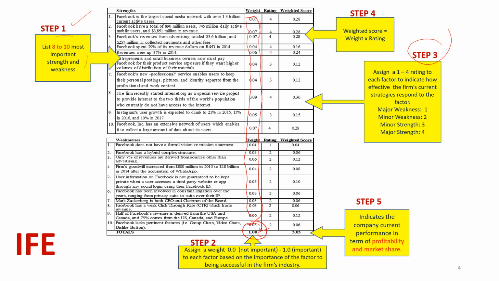organization. Now the fourth step is to multiply each factor's weight by its rating to determine a weighted score. Both strengths and weaknesses can receive a score from 1 to 4. So step 4 is right here.